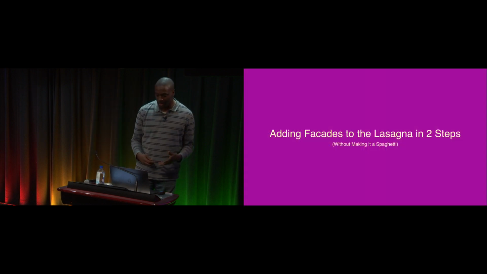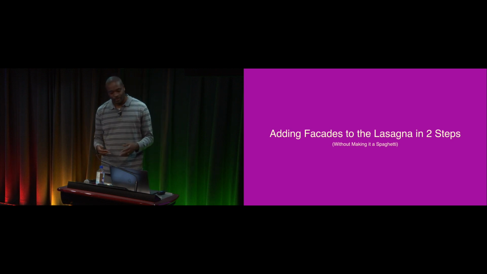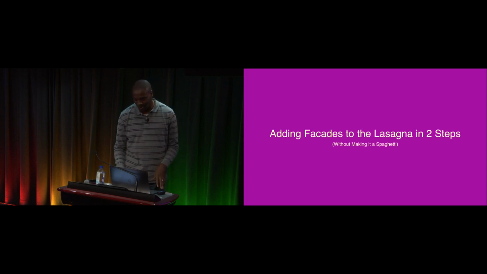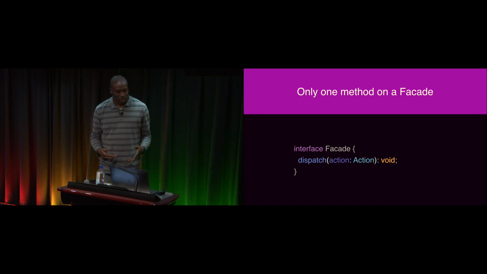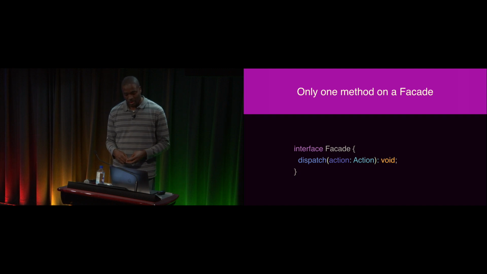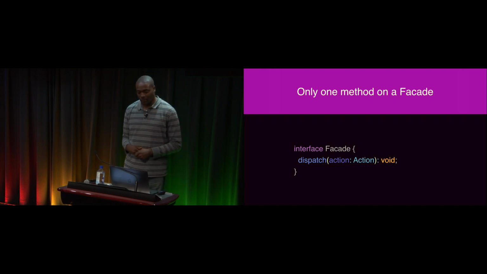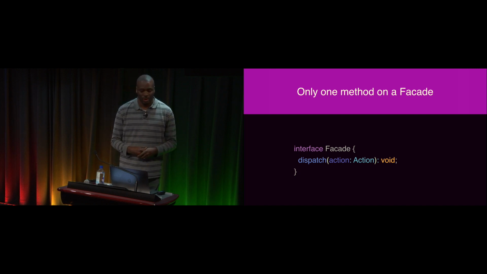So how can we use facades, if you decide to use them in NgRx, without spaghettifying your code base and without running into that same trap that we did before? The way to do that is to implement a facade interface, which is dispatching an action. You can still define your selectors within your facade, but you're keeping your actions close to where they're being dispatched from.